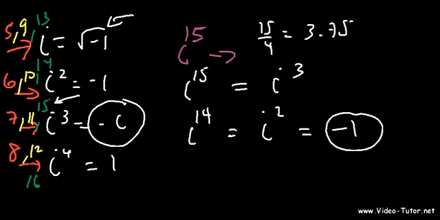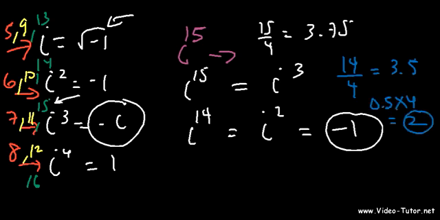So what you want to do is divide your exponent by 4. And this will give you 3.5. That means 4 goes into 14 at least 3 times. And if you take 0.5 multiplied by 4, that gives you 2. That's your remainder. And so that's how you get i to the 14th is equal to i squared, which is -1.